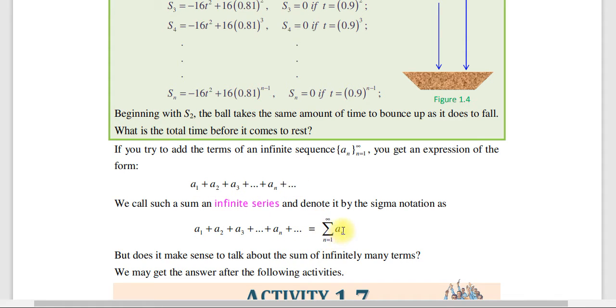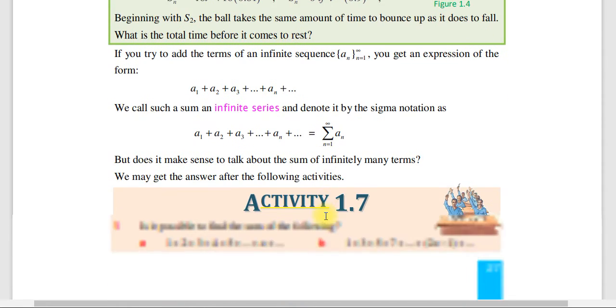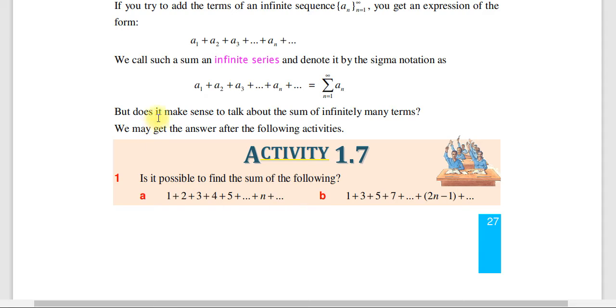The summation of an starts from 1 up to infinity. Until now we were working up to n, but if it is infinity we call it an infinite series. But does it make sense to talk about the sum of infinitely many terms?